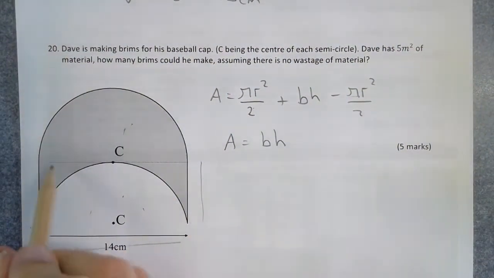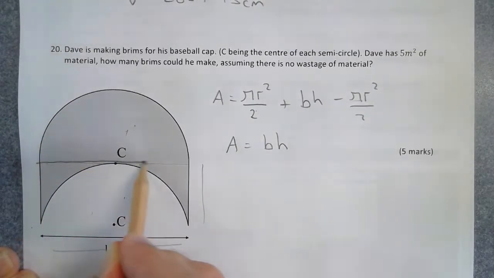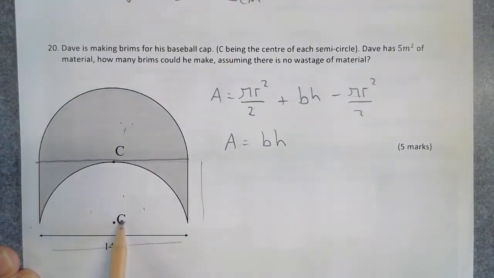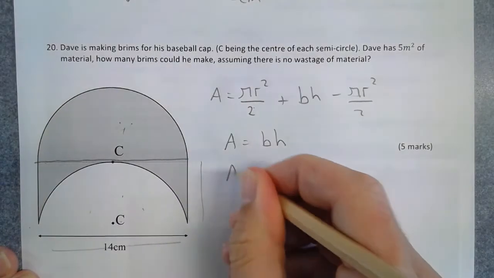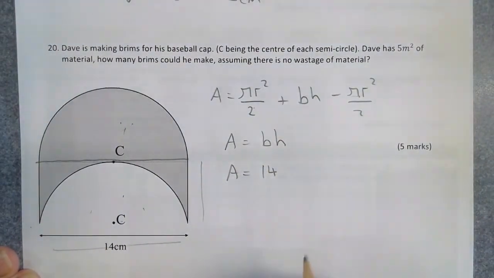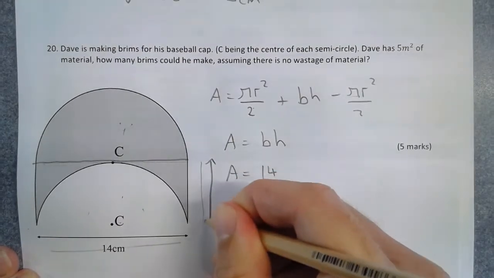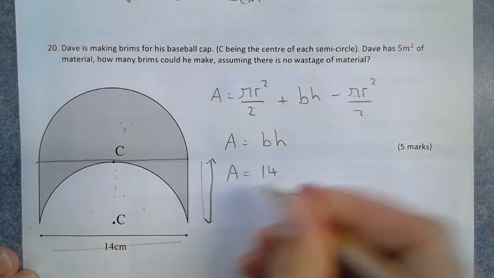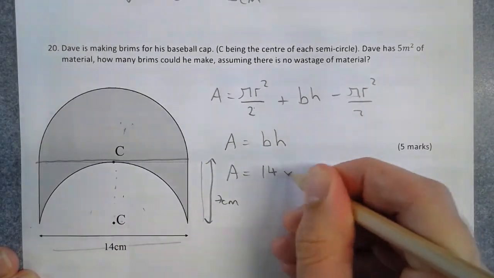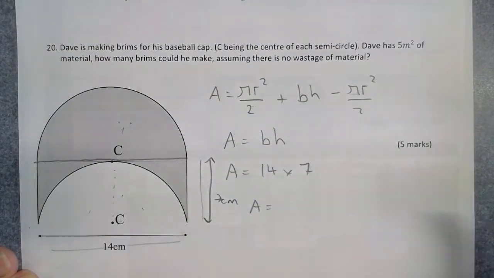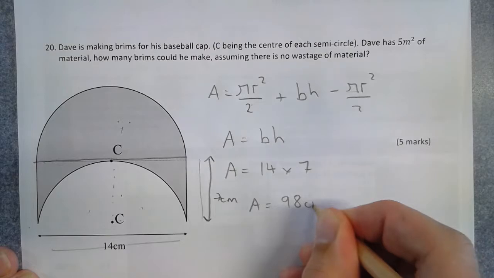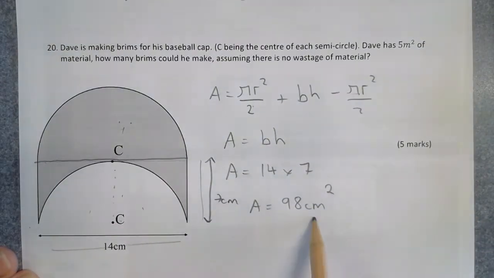Another way of showing you that is if you cut out this shape here, the top, and moved it to the bottom, it exactly makes one rectangle. Now the base of our rectangle is 14 centimetres, and the height is also the radius, so that would be 7. So 14 times 7, and we get the area of the baseball cap brim is 98.